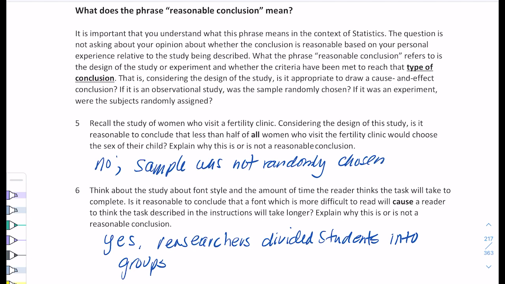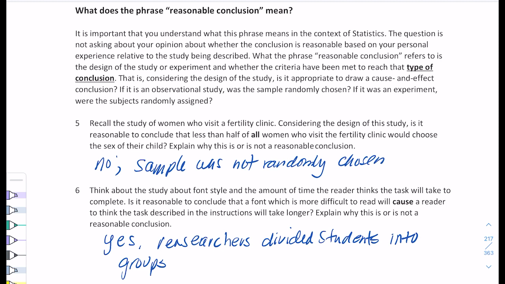And I believe, let's see, did they randomly assign the treatment? It says researchers gave instructions to each group using 2 different fonts. They divided the 20 student volunteers into 2 groups of 10 students each.